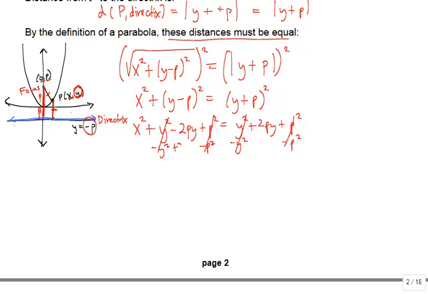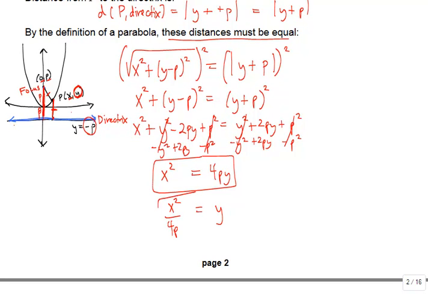So if I add this 2py over to the right side to get this x squared by itself, we'll end up with a 4py on the right hand side. And this is the equation of our parabola. Sometimes we prefer to solve this for y, and that would require dividing through by that 4p. Either equation is fine.